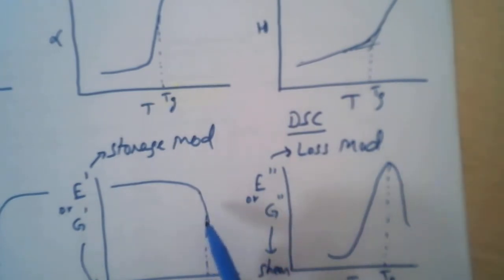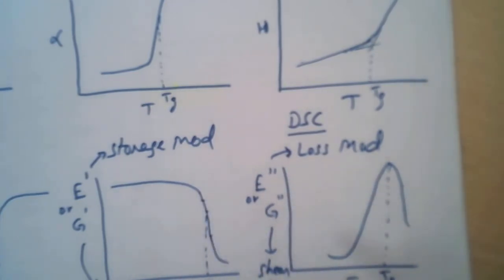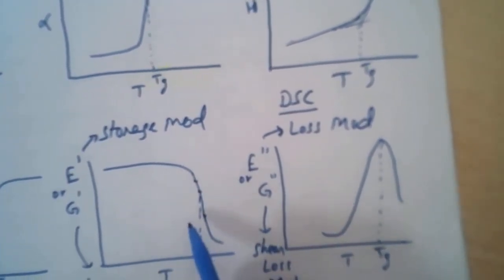But from this particular curve, E prime or G prime versus temperature, it is difficult to determine the glass transition temperature, since we don't know whether to take here or here or here, because this line is not very sharp. It's not a vertical line. It will have some sort of slanted line. So it is very difficult to measure whether here, or anywhere, maybe the middle. So it makes it a little ambiguous.